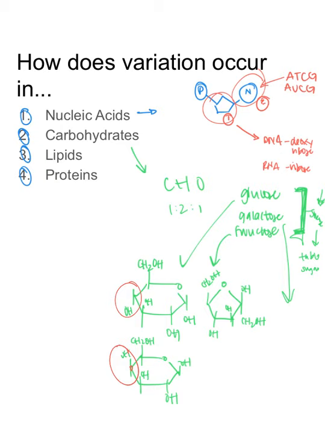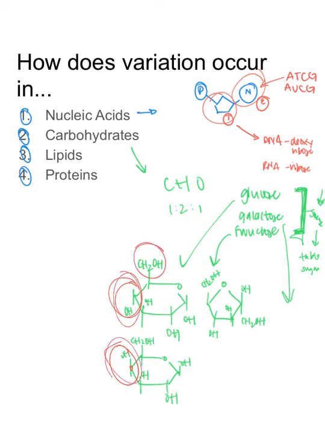So variation in carbohydrates is due to the attachment of groups at various positions around the carbon. If we have an acetyl group, a sulfate group, a carboxyl group, we can have our hydroxyl group bonded at different locations.